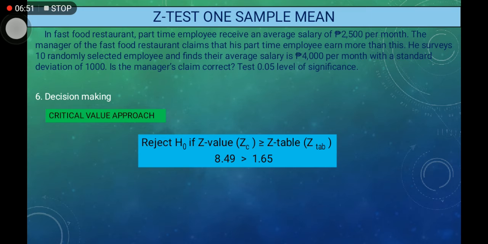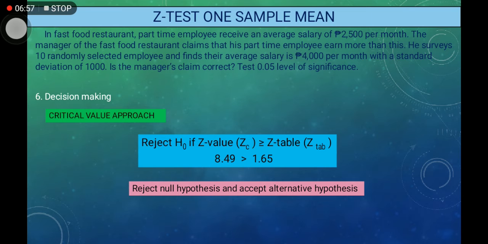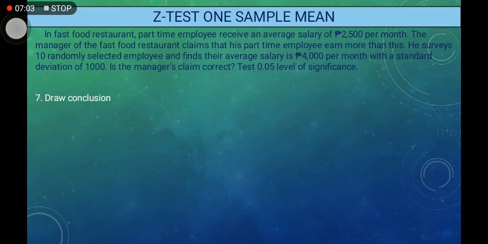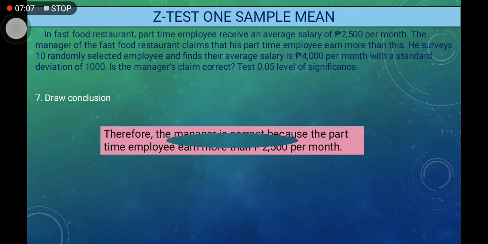Makikita natin na si Z value is greater than kay Z table. Kaya ang magiging decision natin is reject null hypothesis and accept alternative hypothesis. Therefore, our conclusion is the manager is correct because the part-time employees earn more than 2,500 per month.